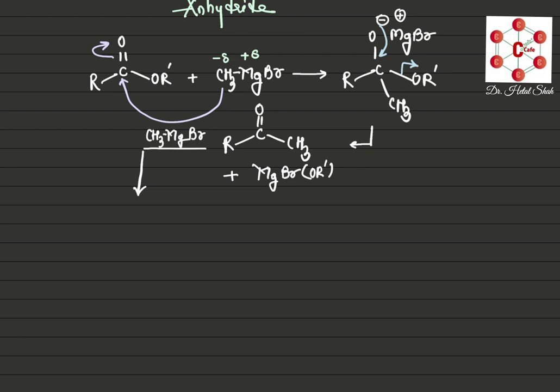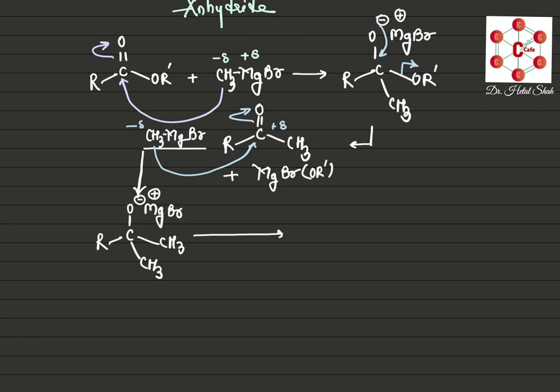You know that this is negative and this is partially positive, so we find that we have O minus MgBr plus, CH3, one more CH3, and now protonation, which gives me my tertiary alcohol.